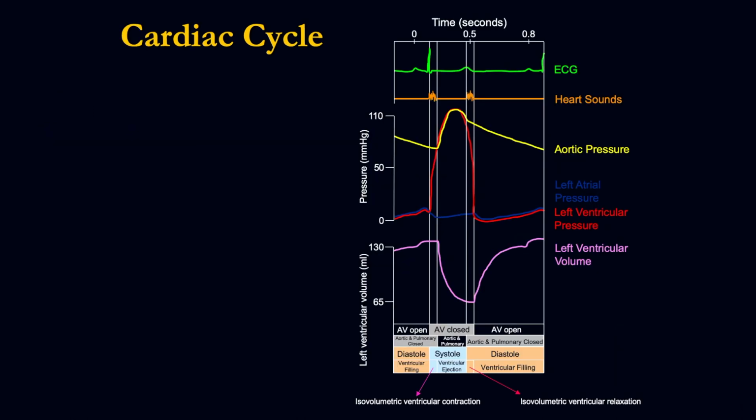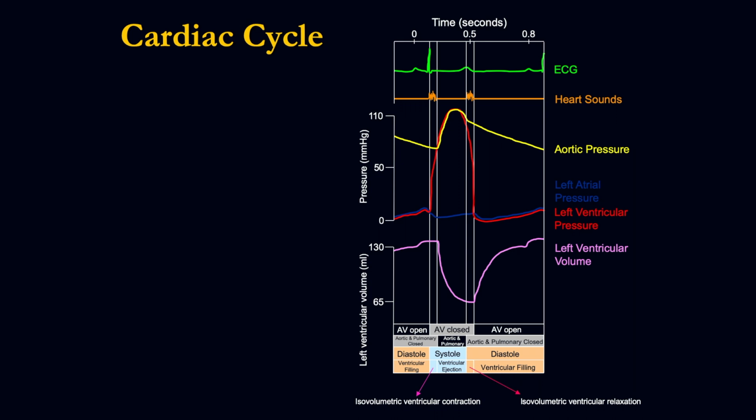This is a classic diagram of the cardiac cycle. It has 4 sections. The top section shows you the timing of the ECG or the EKG. That's the electrical activity of the heart, which we'll talk about later. We also have the heart sounds in orange represented there and when those occur. The second section looks at pressure. So that y-axis there has pressure from 0 to 110 millimeters of mercury.